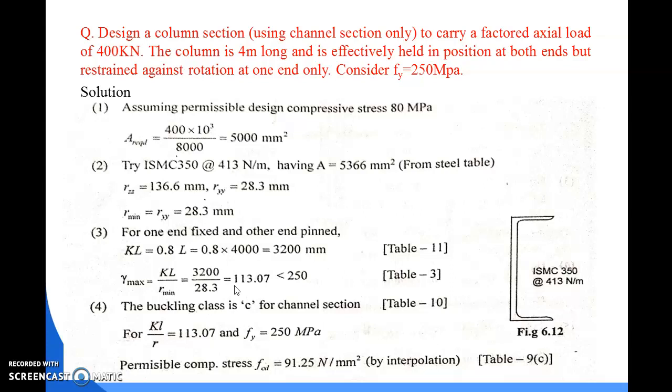By applying the interpolation method, we got the value of FCD as 91.25 Newton per mm square.